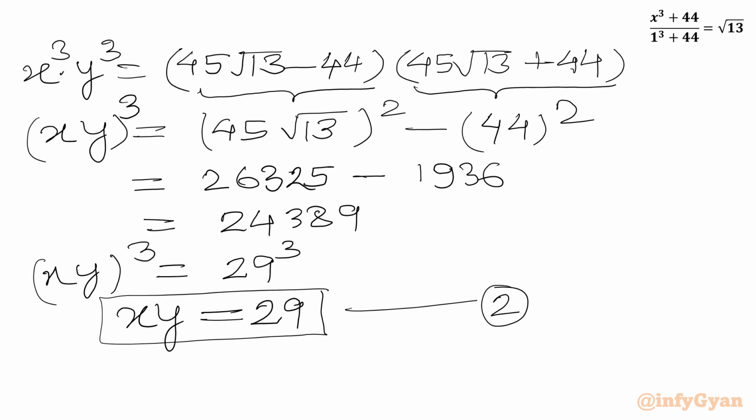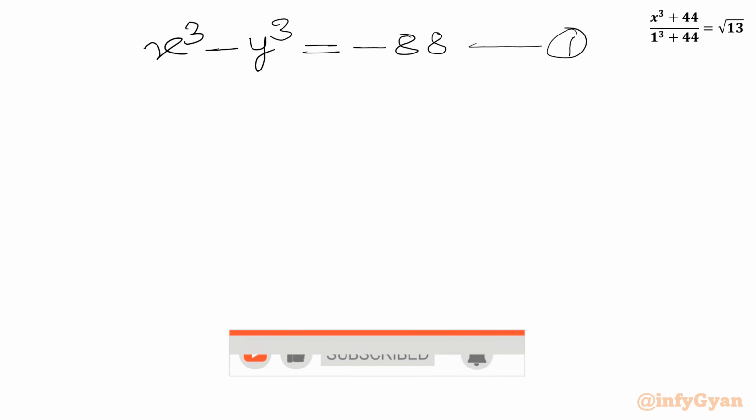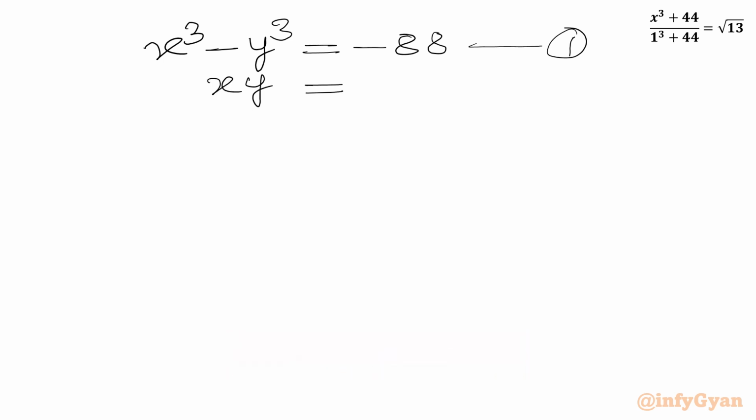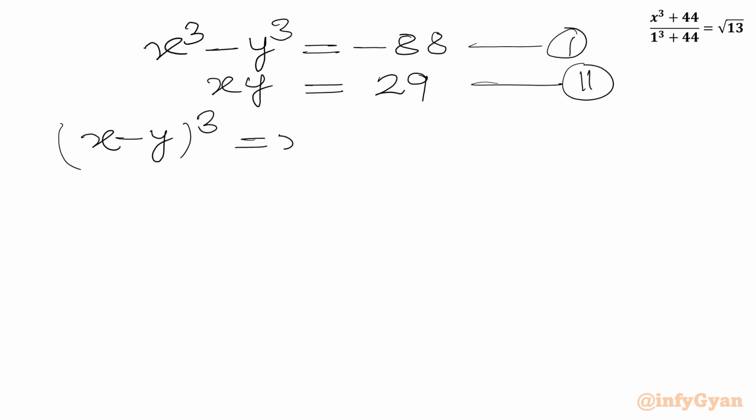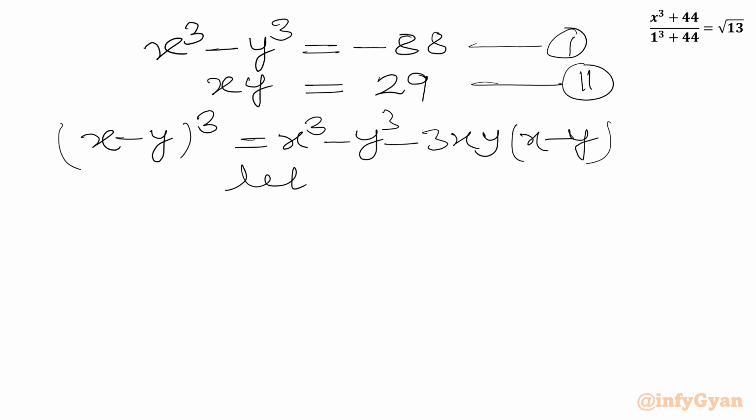Now we have two equations. The first equation was x³ − y³ = −88, and the second equation was xy = 29. Now I will use one algebraic identity: (x − y)³ = x³ − y³ − 3xy(x − y). Let us assume x − y = t.